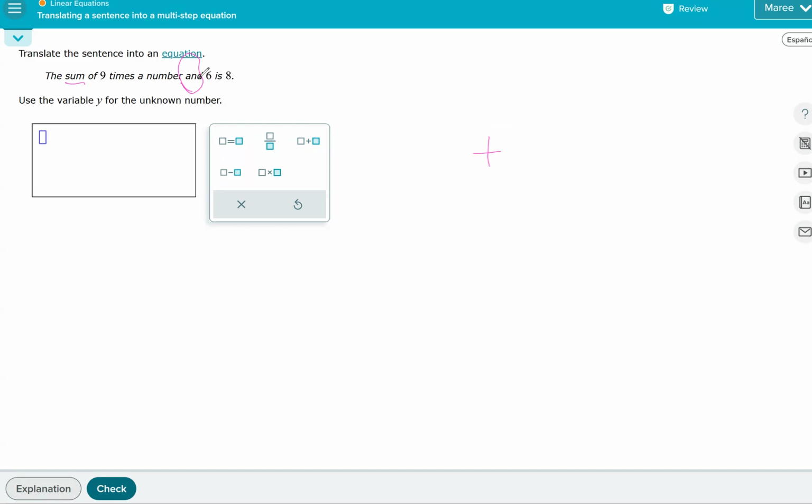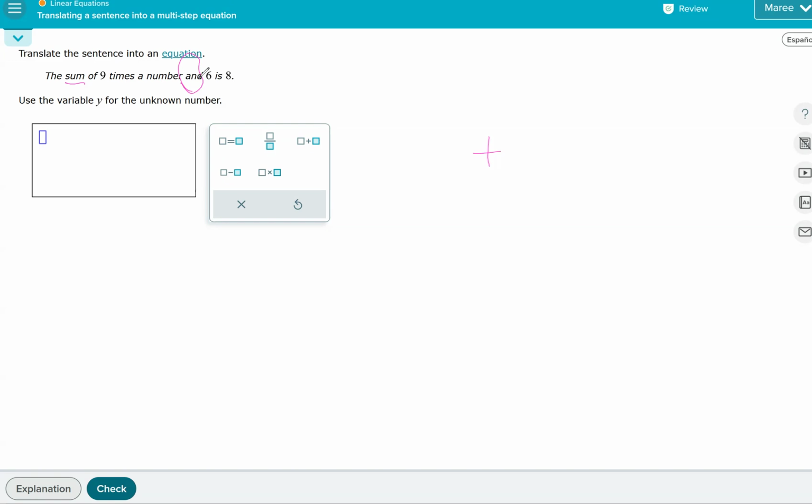So we have 9 times a number. Whenever we write 9 times a number, we don't know what the number is, so we use a variable. They give us in the instructions that we want to use the variable y for the unknown number. So when you see the word a number, you're going to use a variable in place of that.